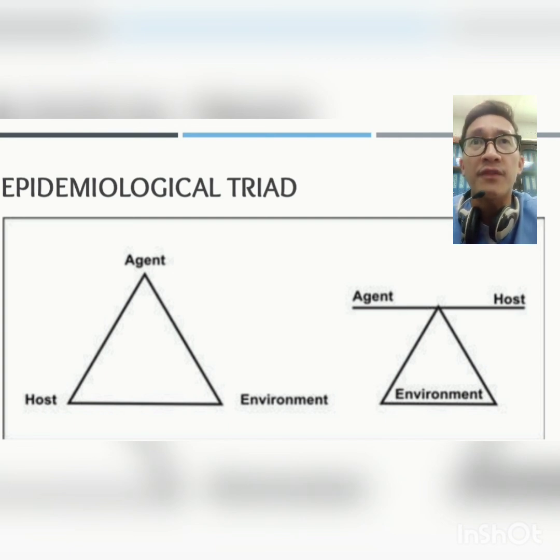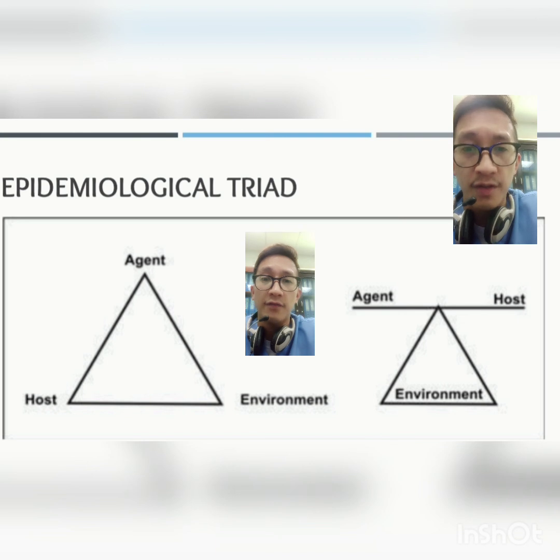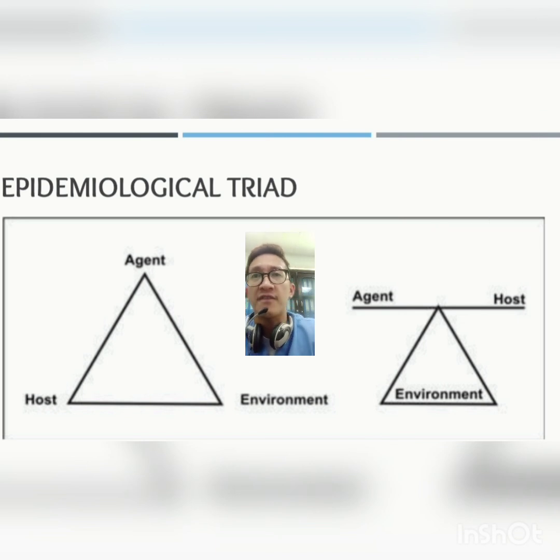The environment provides the background in which agent-host interactions take place and contains the factors that influence the spread of infection. Environmental factors include physical factors such as geology and climate, biological factors such as insects that transmit the agent, and socioeconomic factors such as crowding, sanitation, and the availability of health services.